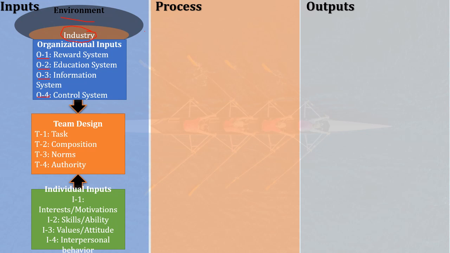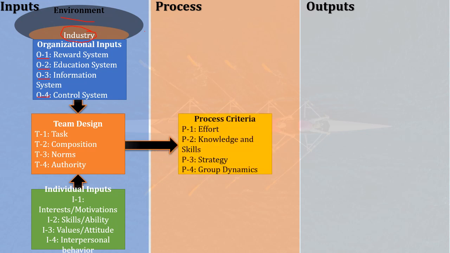So moving further to the process. What all things are involved in the process? Now process criteria, again if you see here, the first process criteria is effort. Making use of all these inputs, you are going to put in efforts in order to achieve the outcome.